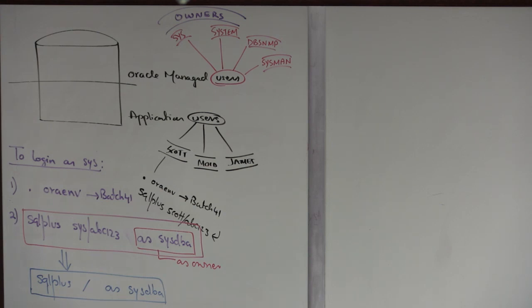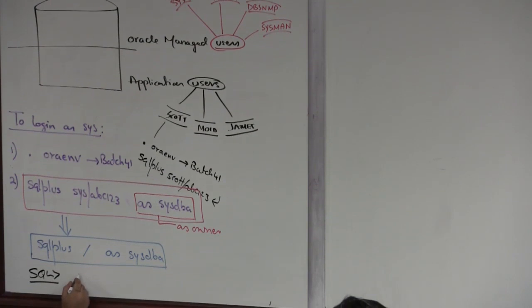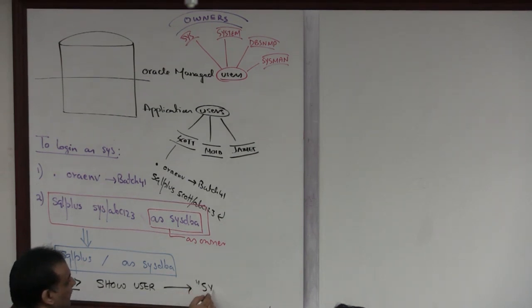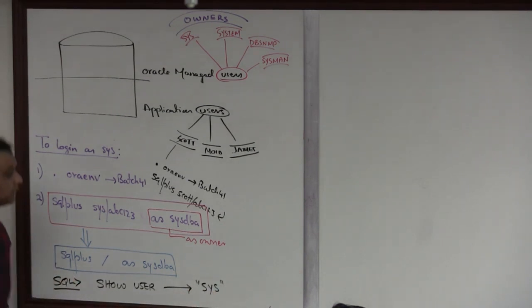Now I want all of you guys to log in as sys, and then once you are done with that, you will be on the SQL plus prompt, and then I want you to type show user, and this should give you your user as sys. So let's try this, please.